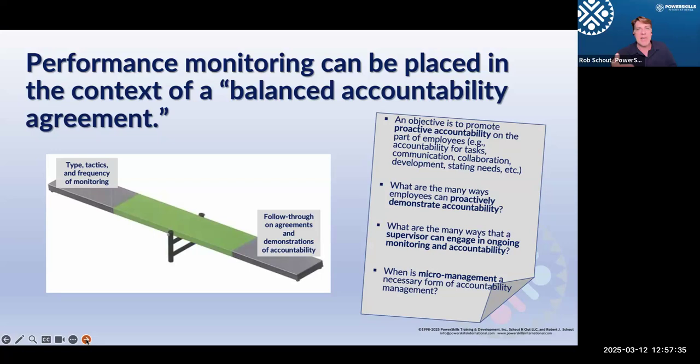Because if employees are demonstrating something, they are showing trust that you can trust them. And if your type of monitoring is too forceful, too oppressive, then they're going to pull back on their demonstrations of agreements, because they're thinking, this is micromanagement all the time. Why? I'm already proving I can do this.